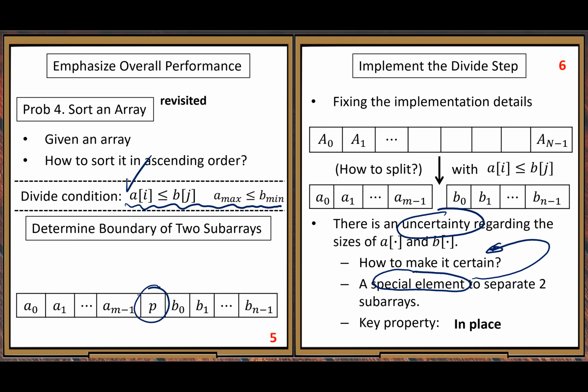Think about that picture. That's the picture we would like to have in our divide step. The reason we call it the P element is that we use a special concept for it, the pivot element. We want to get a pivot element to help us divide the original array into two subarrays with the desired property.